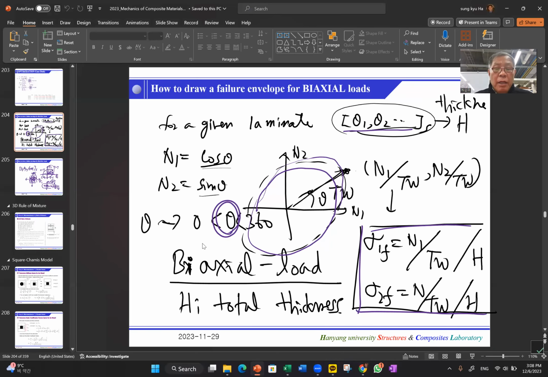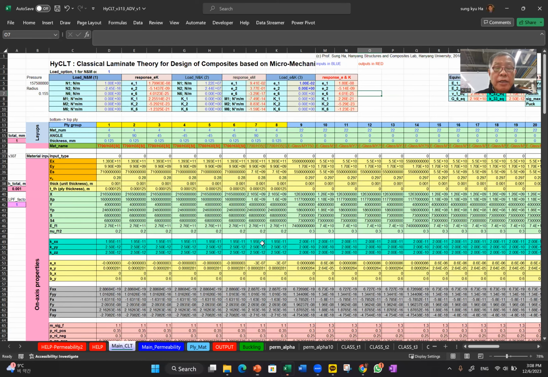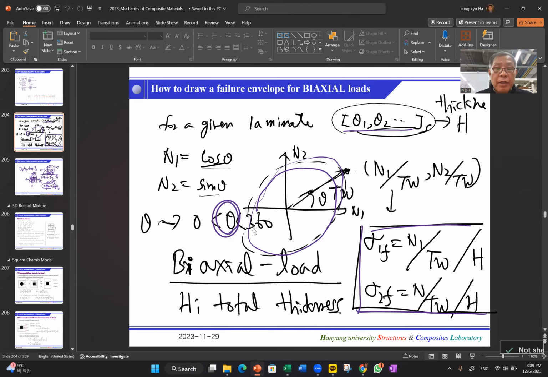Okay, this is the PowerPoint which I distributed, and this is the high CLT which I also distributed to you. Now, last class we were discussing how to generate a failure envelope, which can be a very important issue in designing composites.